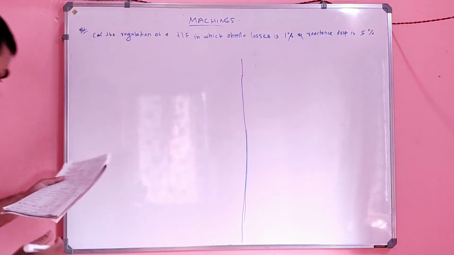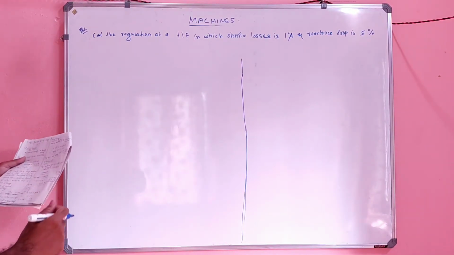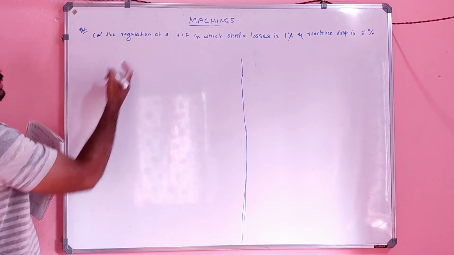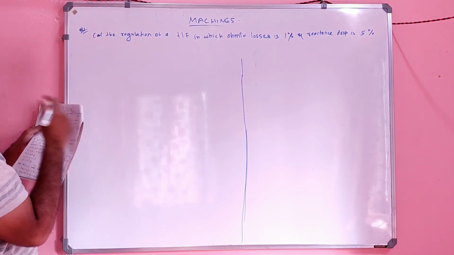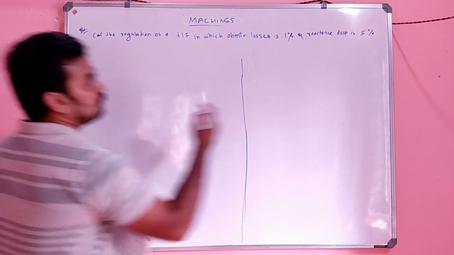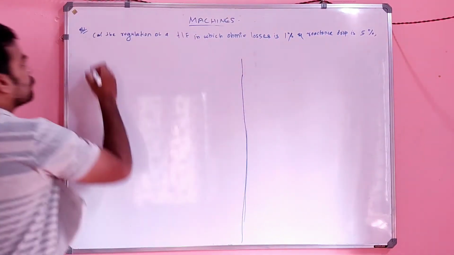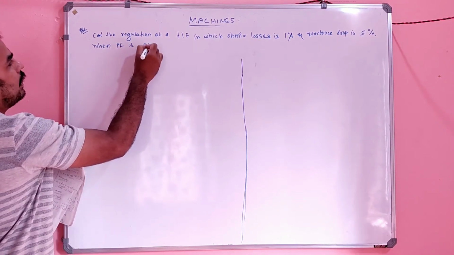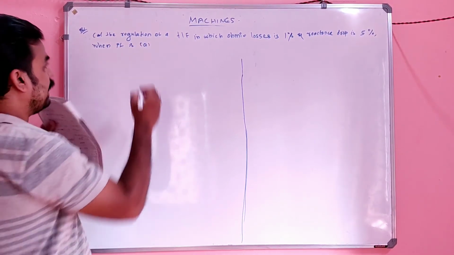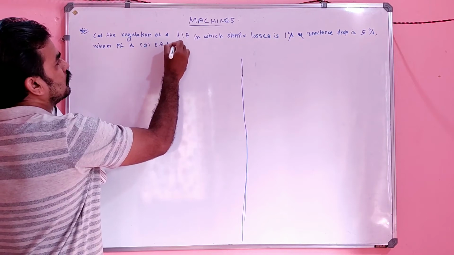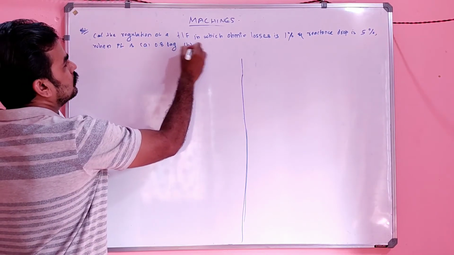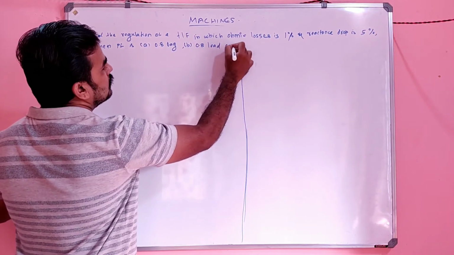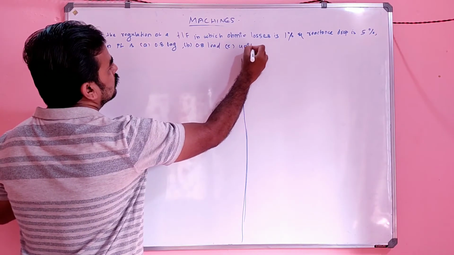Calculate regulation when power factor is A, 0.8 lag, B, 0.8 lead, and C, unity.